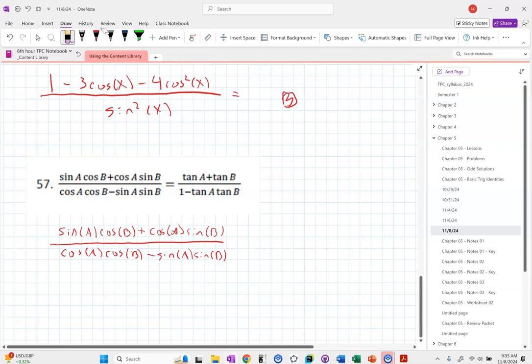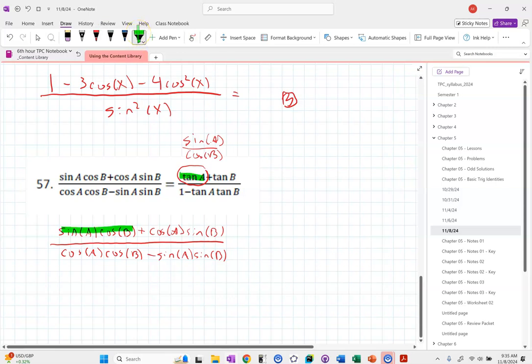So if I look at this, I see everything in sines and cosines already. Well, that's nice. But it doesn't seem terribly obvious what to do. There's no good identity to think of doing right away. There's no like terms to combine. It's already one fraction. What I'm going to do is think a little bit about what I have here. I know tangent of A is like sine A over cos A, right?